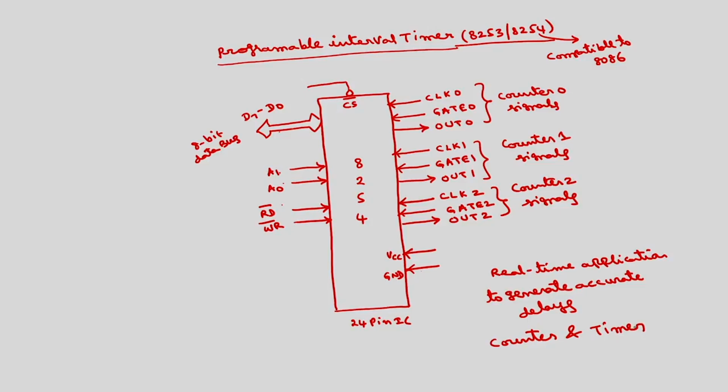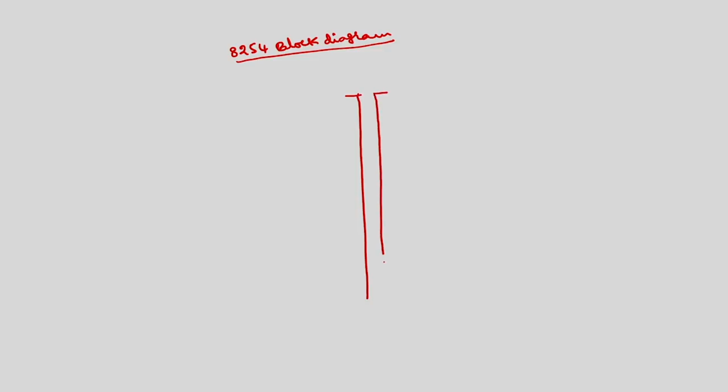Okay. So, if you take inside this pin diagram, the 8254 architecture or block diagram, you have the data bus buffer, and this is the internal bus.